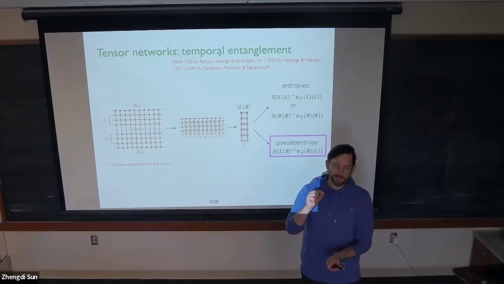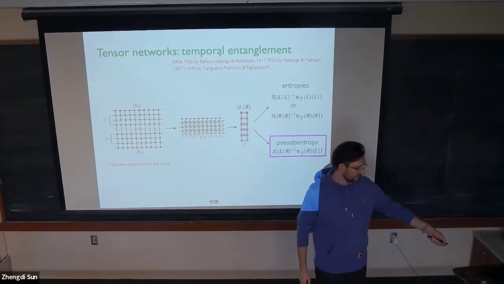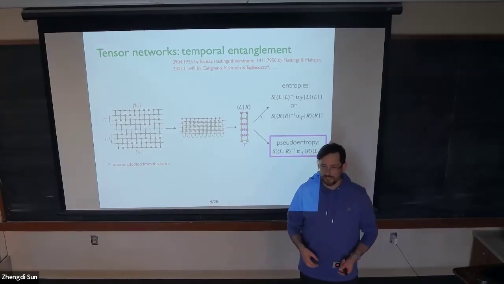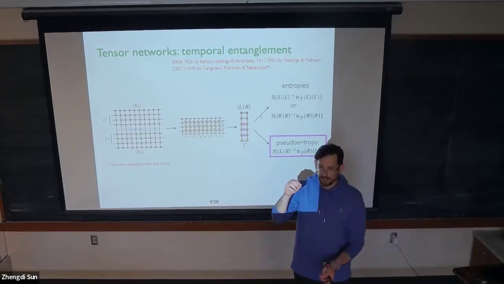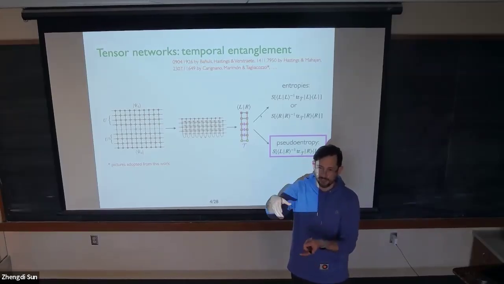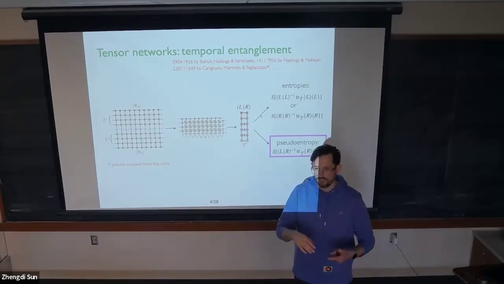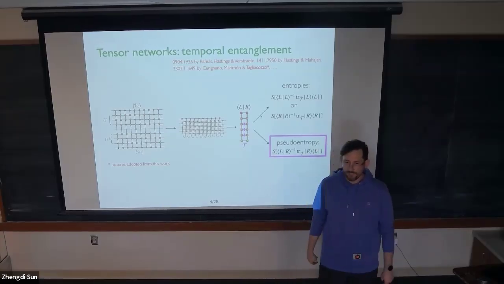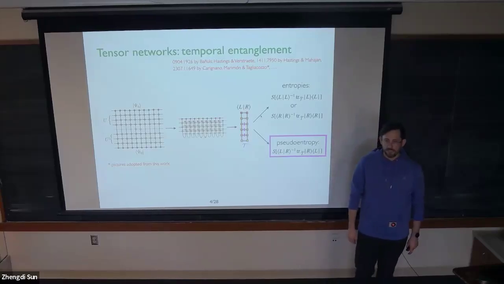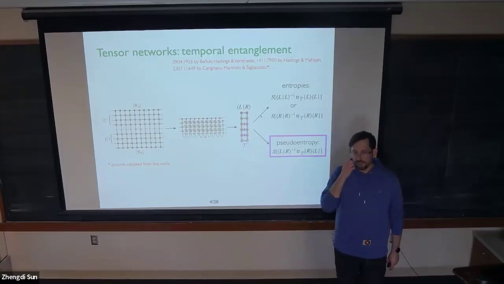They had a CFT prediction for what such a quantity should be. They did a calculation in the spin chain using this type of quantity, and they got numerical agreement when the spin chain is tuned to criticality and the subsystem you're interested in is large, so that you are not sensitive to lattice effects both in space and in time. This is, I think, the state of the art as of now, the numerical one.